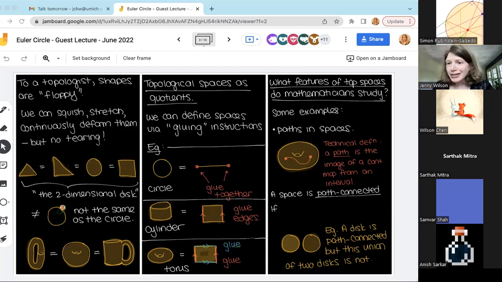A harder question is to show that two shapes are not the same topological shape. The technical word is homeomorphic. So I would say these two shapes are homeomorphic to each other. These two shapes are not homeomorphic to each other. And it's in general much harder to prove the non-existence of a homeomorphism, to show there's no continuous invertible functions between these two shapes.